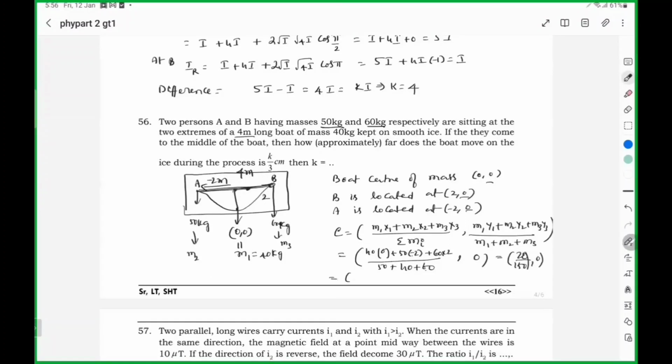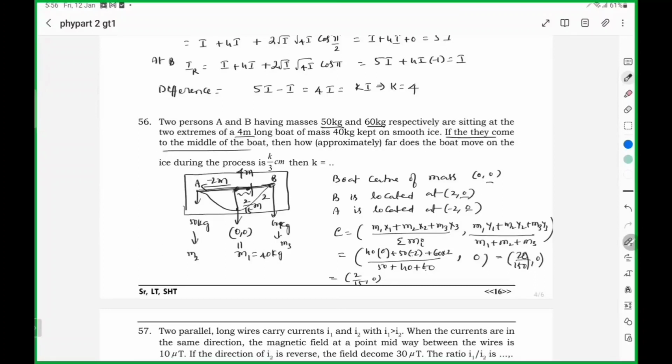So the center of mass will be at a distance 2 by 15 meters from the center of mass of the boat.